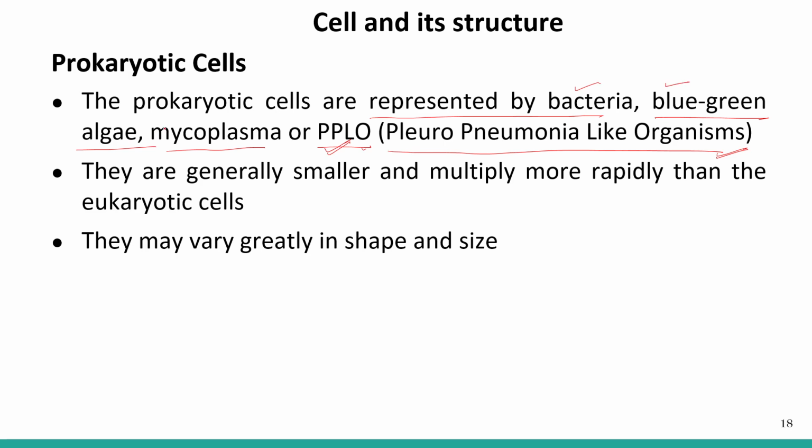Blue-green algae or cyanobacteria, another example. Mycoplasma, another example. They are generally smaller and multiply more rapidly than the eukaryotic cells. They may vary greatly in shape and size. So these prokaryotic cells also have different shapes and sizes.